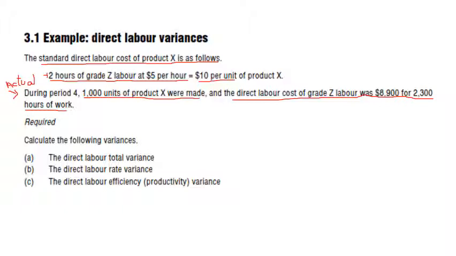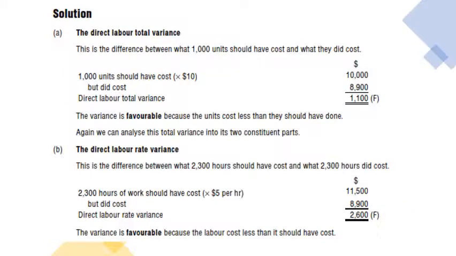Now you are required to calculate the direct labor total variance, direct labor rate variance, and direct labor efficiency variance. And then at a later stage we will summarize whether each was an adverse or a favorable variance.